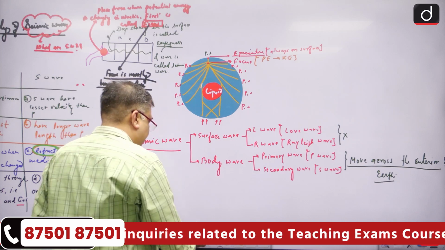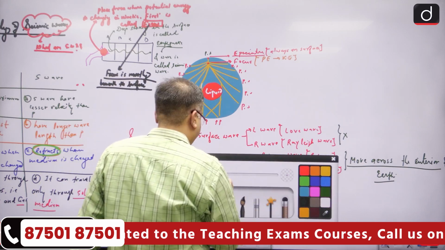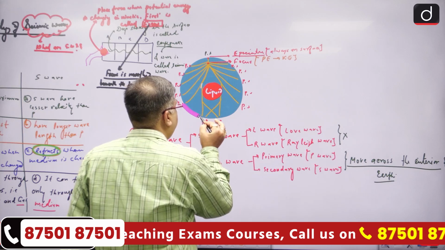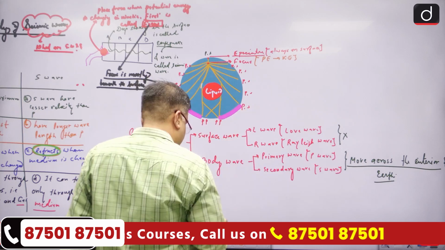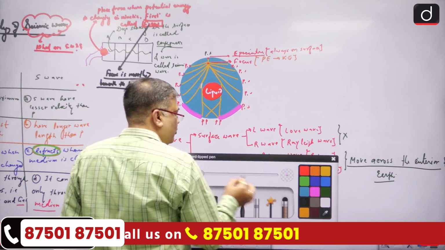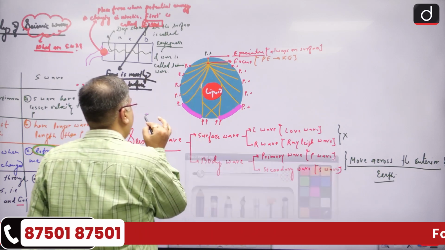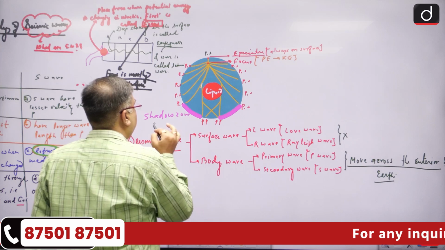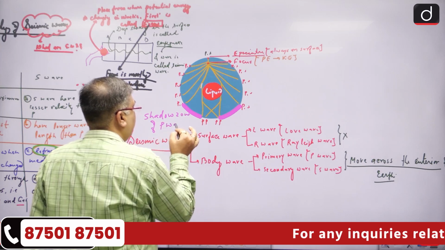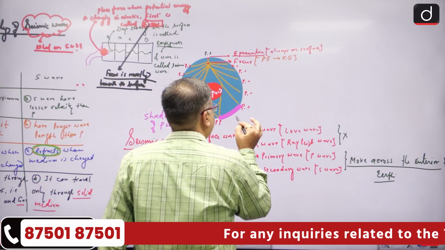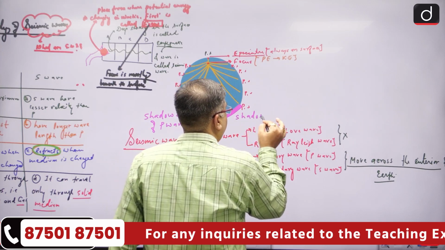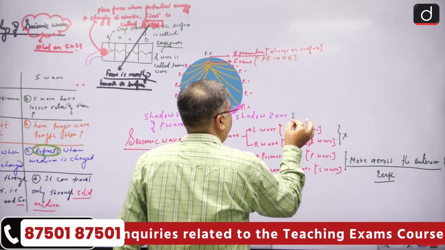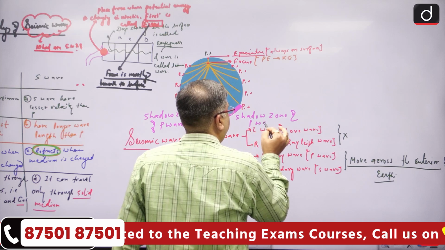Because of this refraction, this zone and this zone is called the shadow zone of P wave.